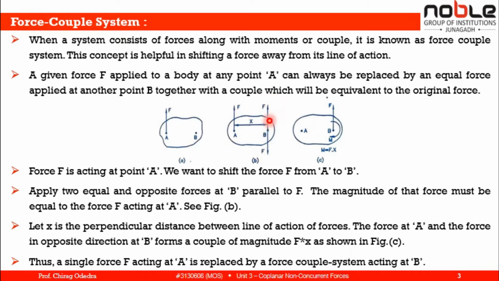Like if we are applying force 10 kilonewton upward and 10 kilonewton downward, so the resultant force will be zero on the structure. So now let's just forget about the upward force at B.